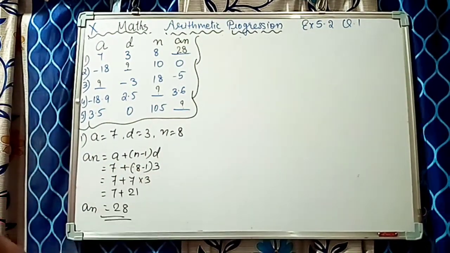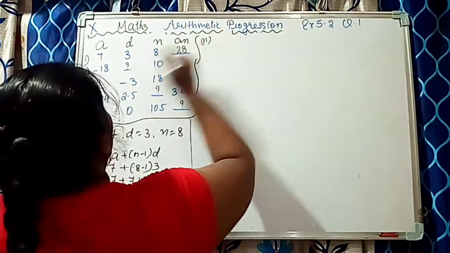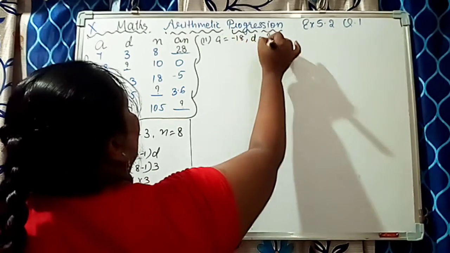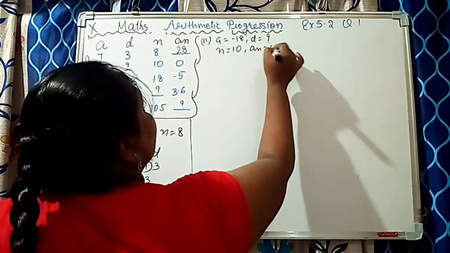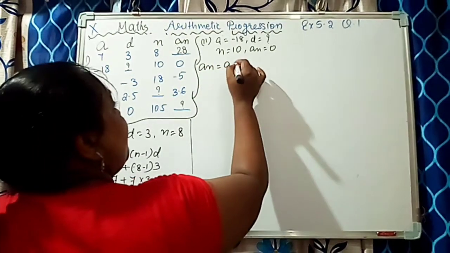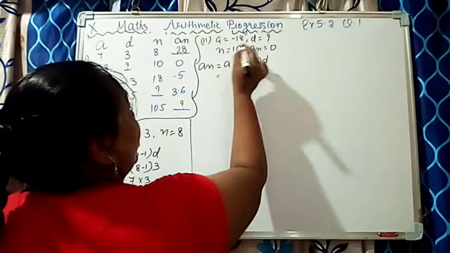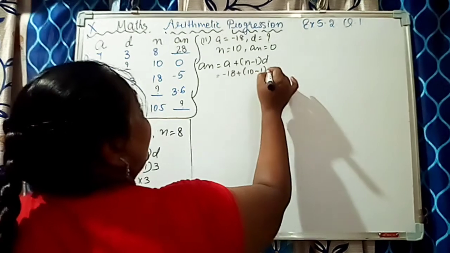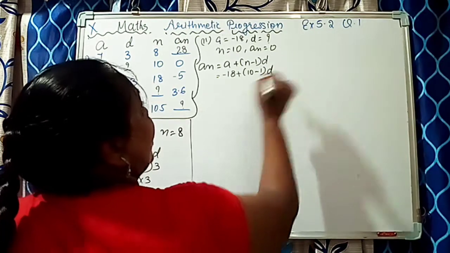Now the second sum. What is a? Minus 18. d is the question mark. n is 10 and a_n is 0. Our formula: a_n is equal to a plus (n minus 1) d. a is minus 18, plus 10 minus 1 times d; we have not got d, so we write d here.